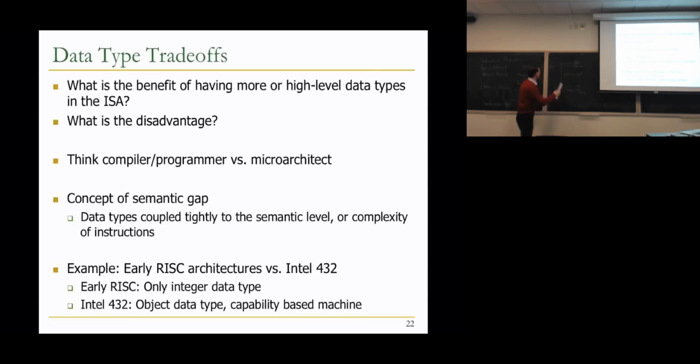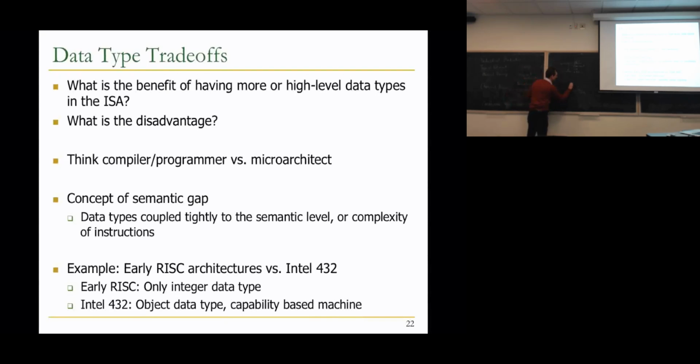To be a little bit more exemplary, I'll put x86 somewhere over here. It has a small semantic gap because it has these rich data types. And VAX probably a little bit higher in terms of the data types. It has even richer data types, like the doubly linked list, which are closer to high-level languages, right?